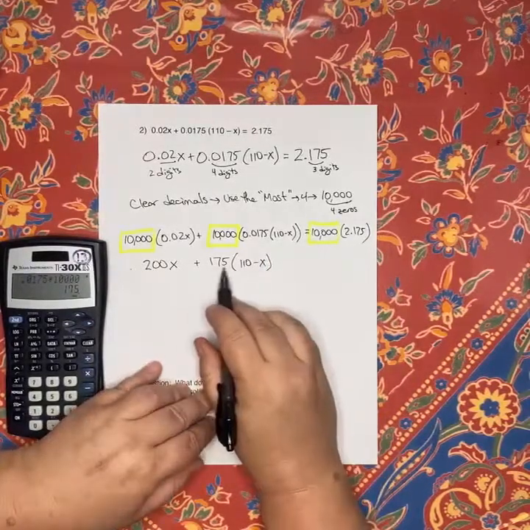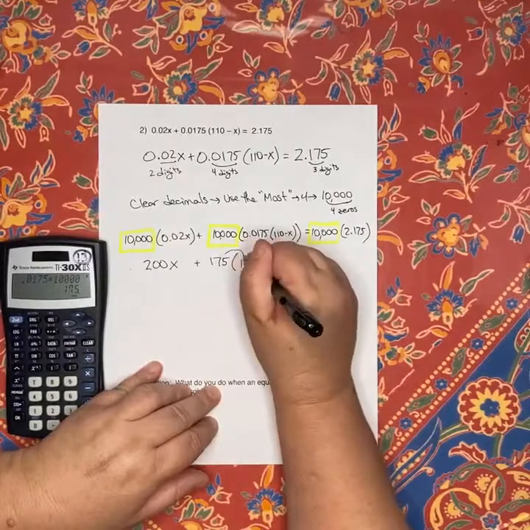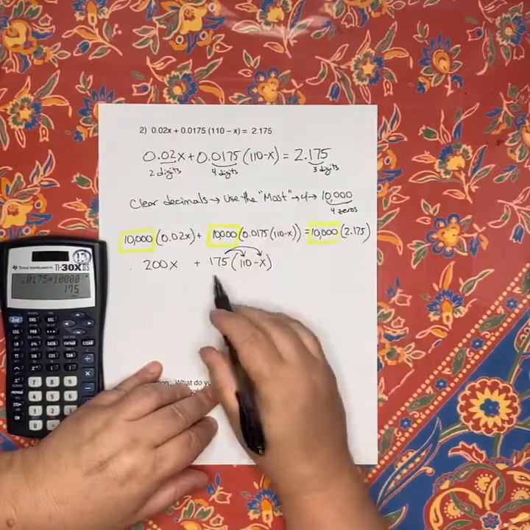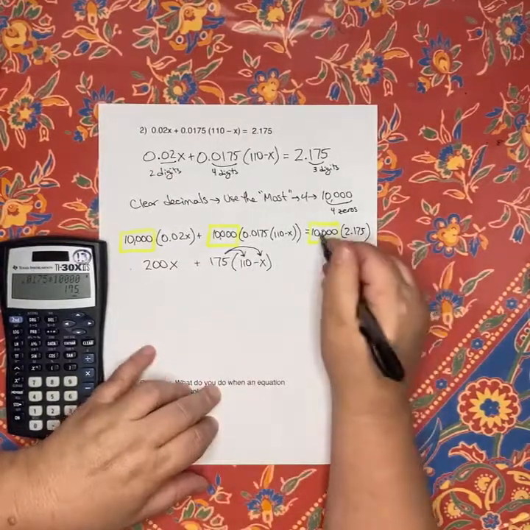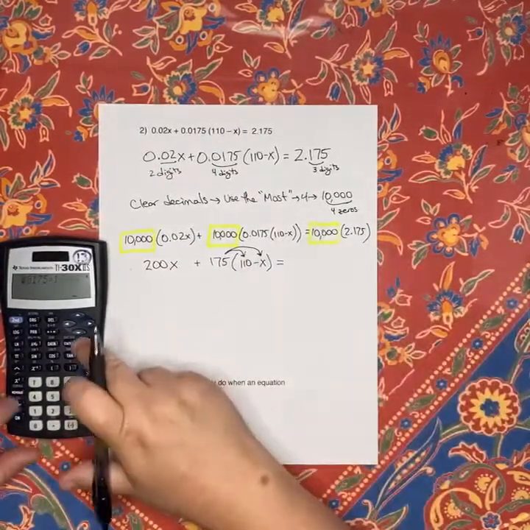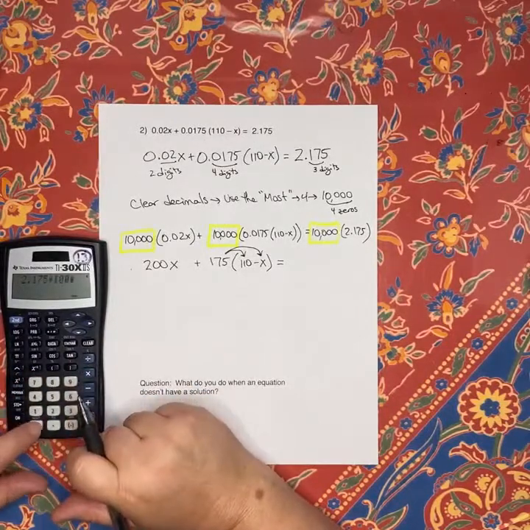And that 175 is a blend of these two, and then that's going to come multiplying through. So that's going to pull that 10,000 through all the way. And then over here, 2.175 times 10,000.